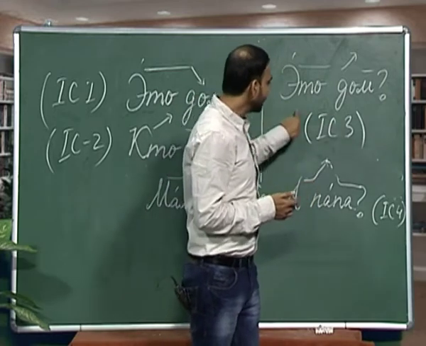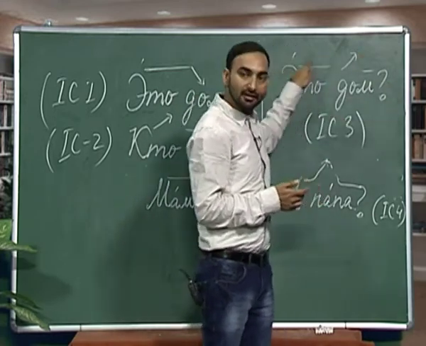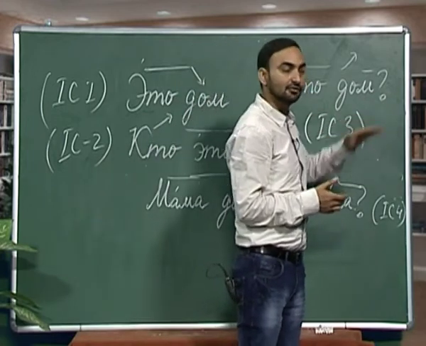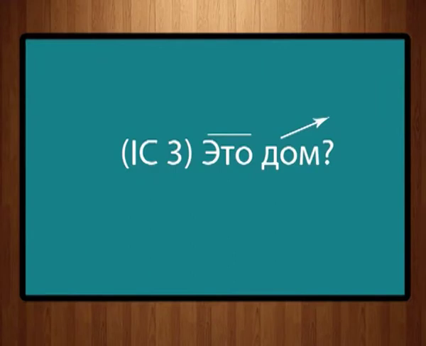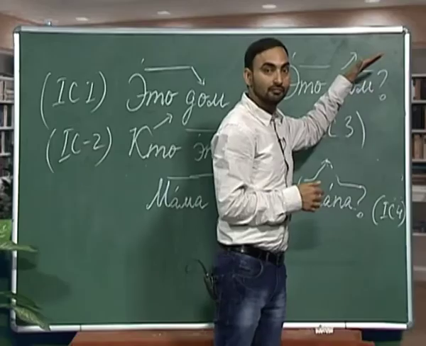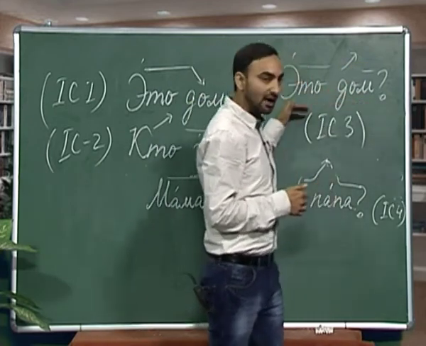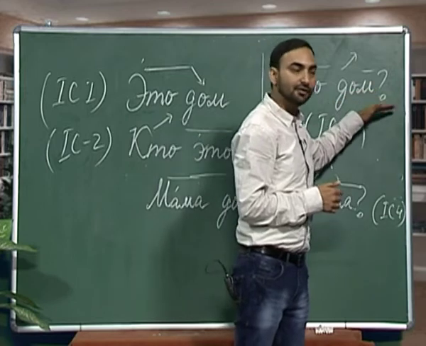The third type of intonation that we are going to do today is intonation construction 3. So, what happens when we have an interrogative sentence without any interrogative word? For example, "Это дом?" As you can see, this is an interrogative sentence without any interrogative word.